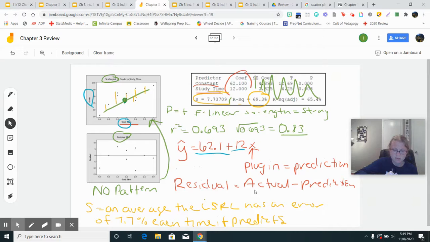There's 69% of that space I can account for. It's not doing super great. So 7% error in every single prediction, and 69% could be a little bit better. So we always want a low S and a high R squared to know if our line is doing well. So that, my friends, is just about everything in chapter 3 in 5 minutes.